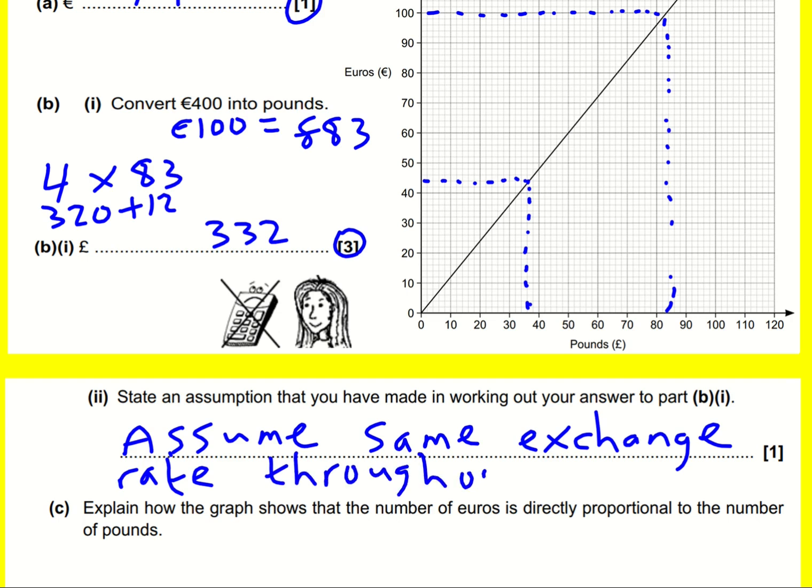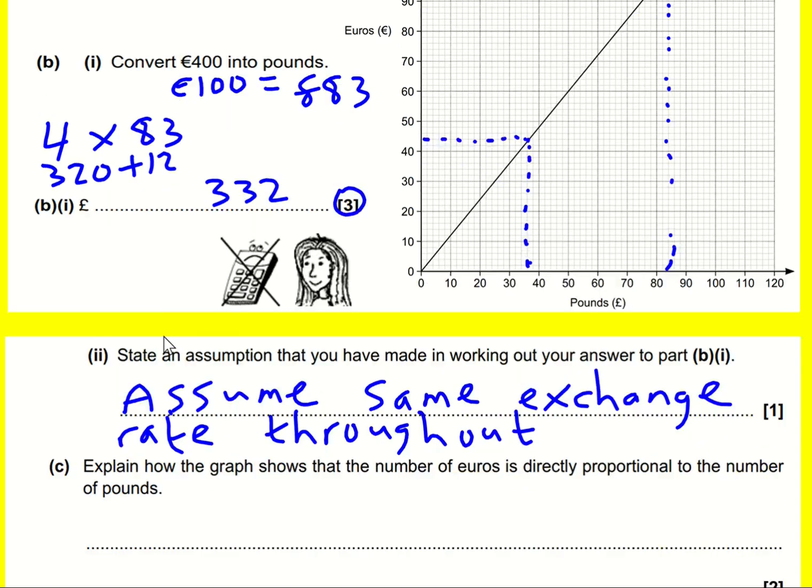Whereas in actual fact, if you start exchanging a lot of money, you tend to get a slightly better exchange rate because you're exchanging a lot, so it makes sense to give you a bit more out of it.